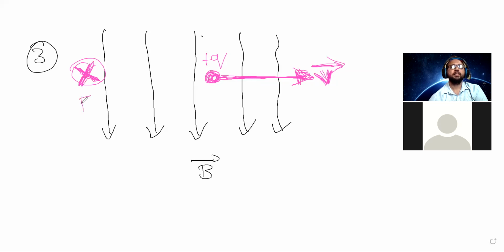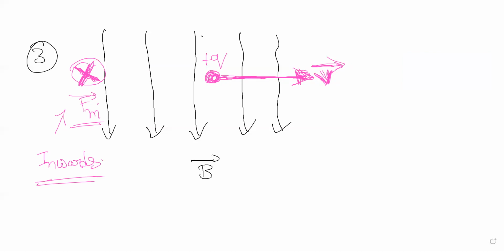And no one has answered me yet, so that's why I have to give this. Clear? Inwards. This is the direction of the magnetic force. One more. Next question.